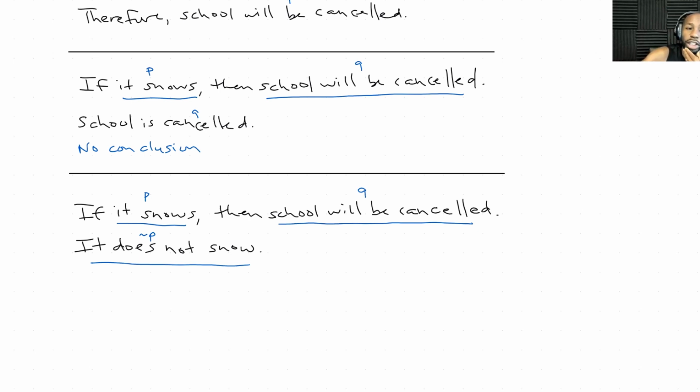So this would also be a situation where you have no conclusion. Because again, now think about it logically. Just because it doesn't snow doesn't necessarily mean school won't be canceled. Because again, it could be some sort of other situation like some sort of rainstorm where school got canceled or whatever. So that's why it has to work this way.